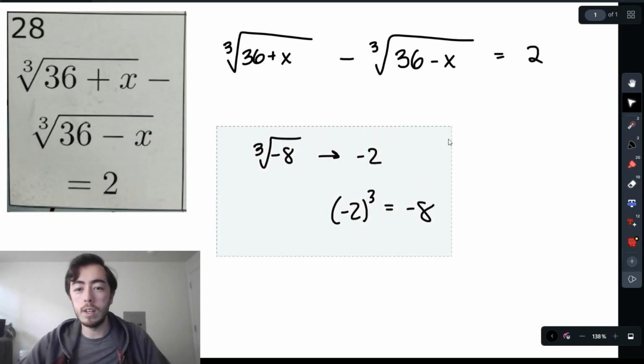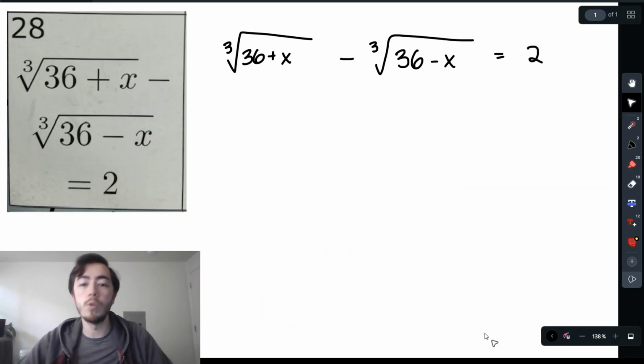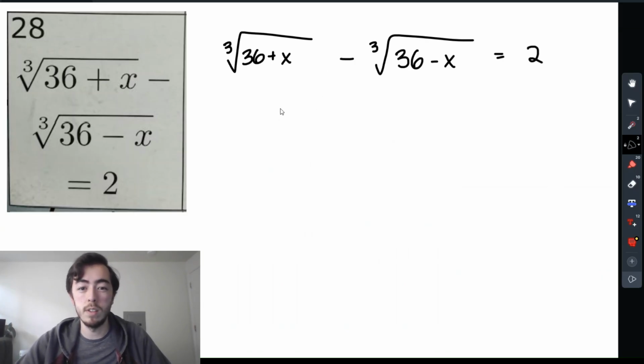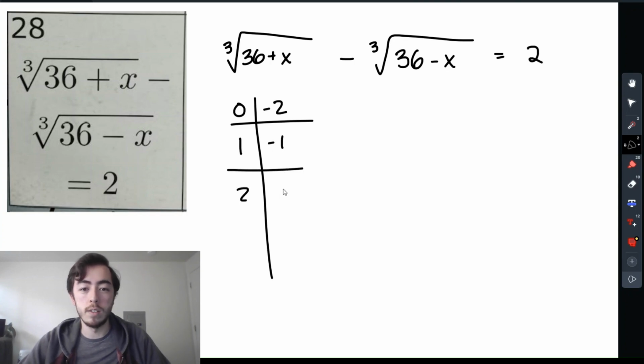So with this rudimentary guess and check search, I would need to look in the negatives for a little bit. So why not? Let's just see what happens. How about we try 0 minus -2 as our first option, and then maybe 1 minus -1, 2 minus 0, 3 minus 1, and then 4 minus 2.